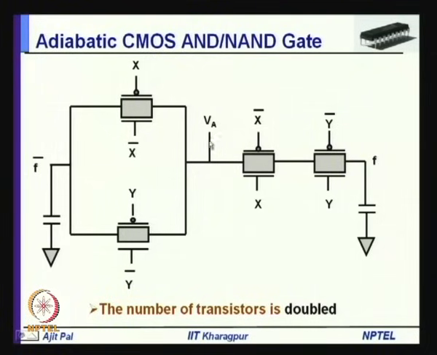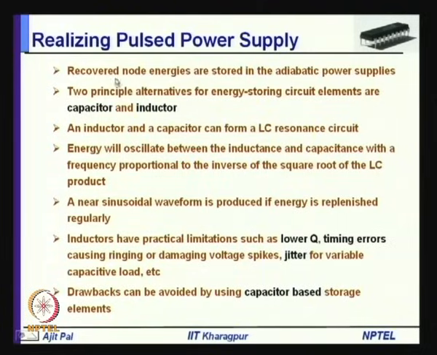Moreover, you have to put a lot of effort into realizing this pulse power supply, and realizing a pulse power supply is a little difficult task. It has to be designed in such a way that recovered node energies are stored in the adiabatic power supply, and two principal alternatives for energy storing circuit elements are the capacitor and the inductor.